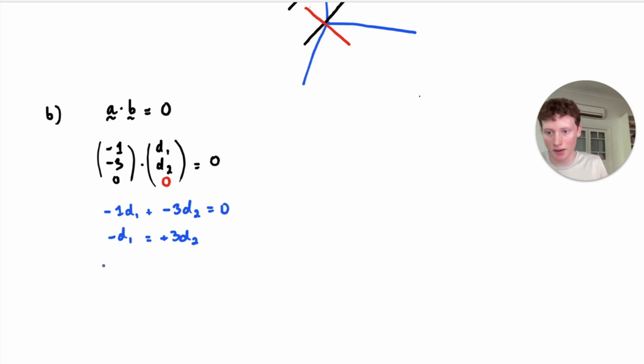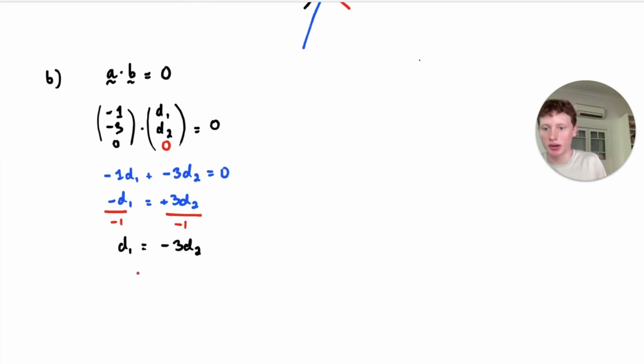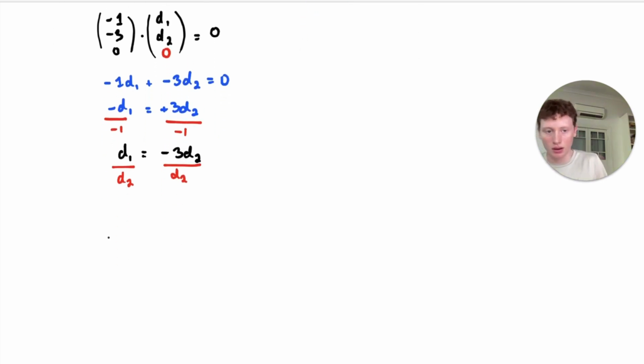What I mean by this is that if we divide both sides by -1, so we get rid of this -1 over here, that will give us d1 equals -3 d2. We can then divide both sides by d2, and that will give us a ratio of d1 to d2 of -3.